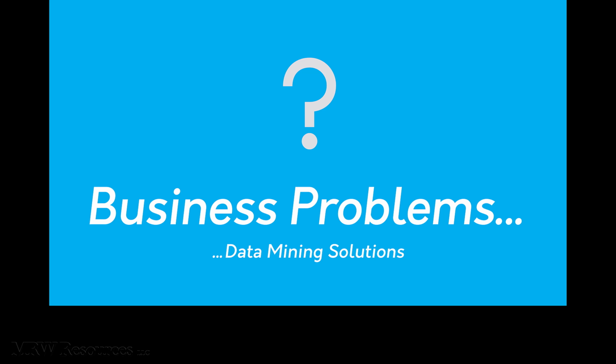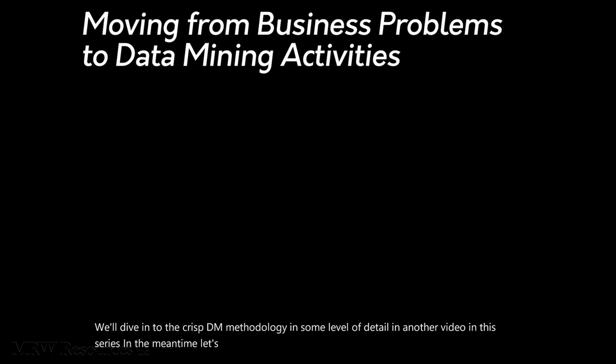We'll dive into the CRISP DM methodology in some level of detail in another video in this series. In the meantime, let's get into a little bit of how we tackle business problems using our data mining activities.